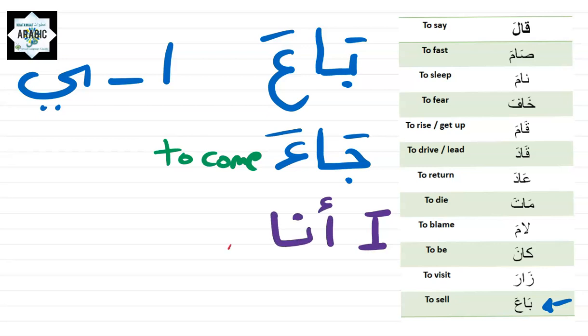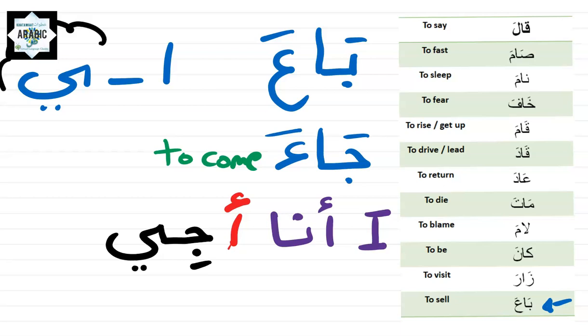We place the present tense, and then we determine how the verb changes. In the example of جاء, I would say أجي. As you can see, the alif became ya. Then we place the hamza right on the line, because it cannot be placed on the ya in this example. So we would say أجيء. I come.